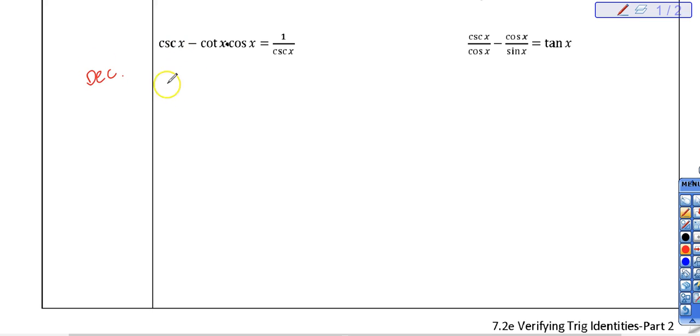Decompose. All right, so we're going to change cosecant to 1 over sine of x minus cotangent, which is cosine x over sine of x. And I don't have to decompose cosine of x, but if you don't mind, I'm going to go ahead and write it over 1.